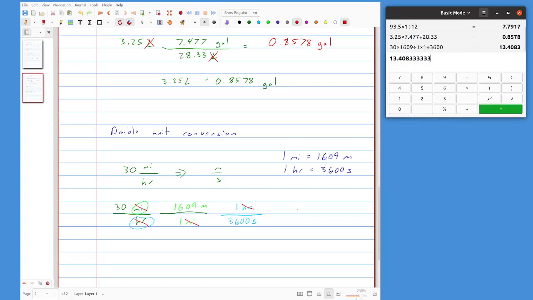And when I do that, I get a final answer of 13.4 meters per second. So I've gone from miles per hour into meters per second by doing more than one conversion all in the same fraction, looking at what's on top and what's on bottom to figure out where to place my conversion factors to get it into the final units I want. You might need to do a little bit more practicing to get comfortable with this, but there's some examples for you guys to work with.